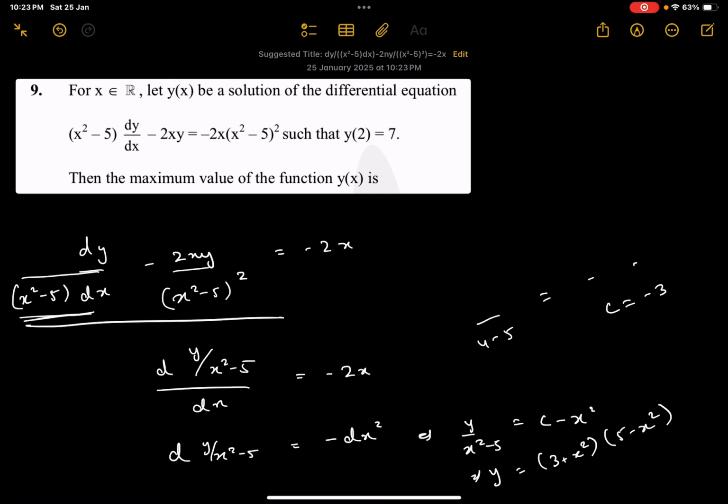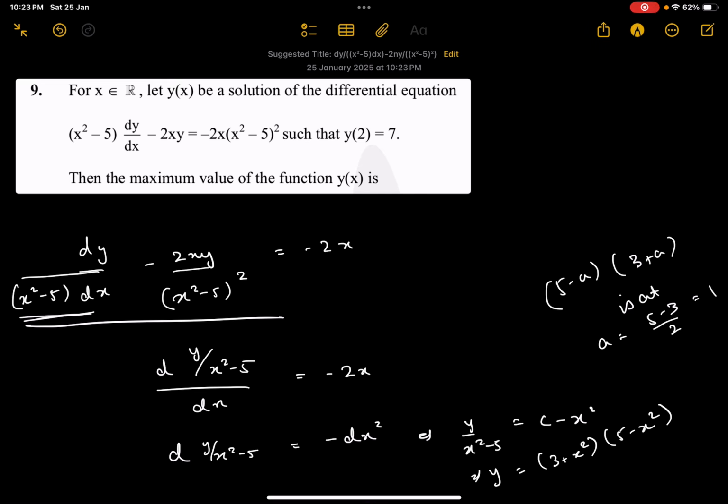So the maximum value of this function, the maximum value of 5 minus a into 3 plus a, is at a equals 5 minus 3 by 2 equals 1.